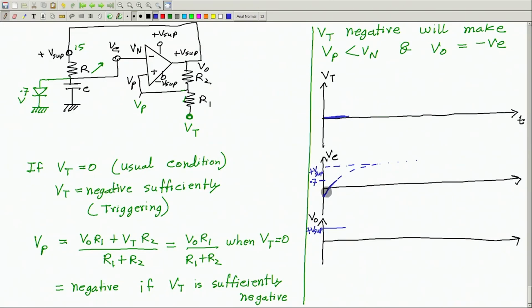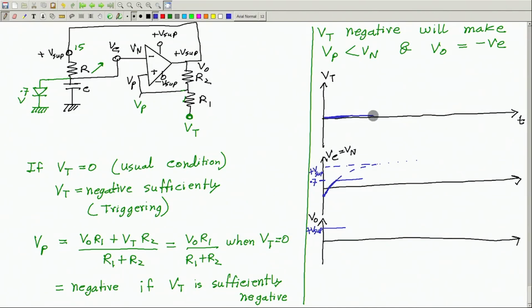So, it will just reach up to this 0.7, and then it will not increase any further. So, then it will stay at that value forever. This entire current goes through this. So, capacitor is no longer charging. So, Vc stays at this value, and this Vc is same as Vn. So, this stays at this value forever.